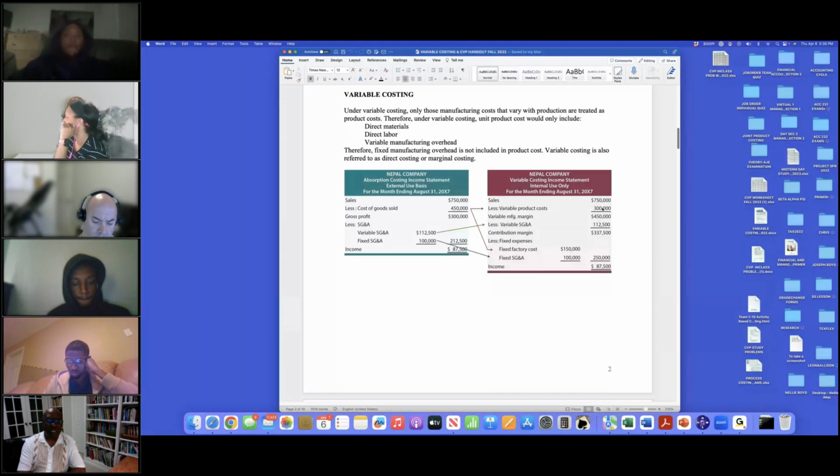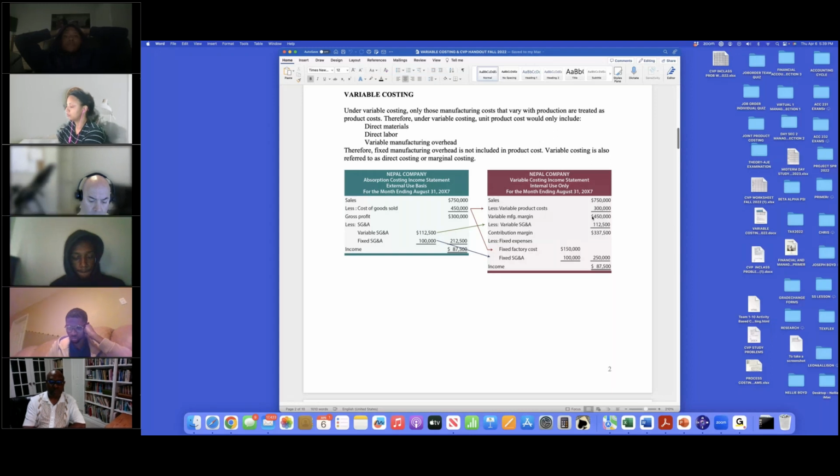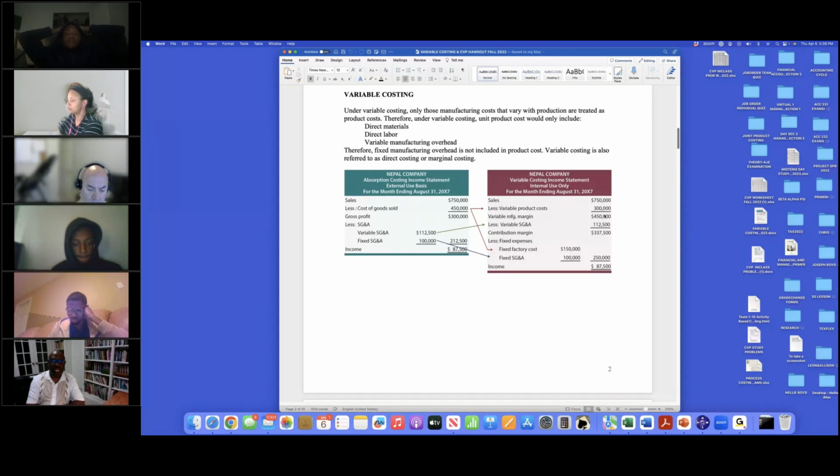Typically, this is going to be raw materials and labor. Then the variable manufacturing margin, and that's important because we're going to base our selling price on the variable manufacturing margin. Then we have less the variable selling and administrative expenses.